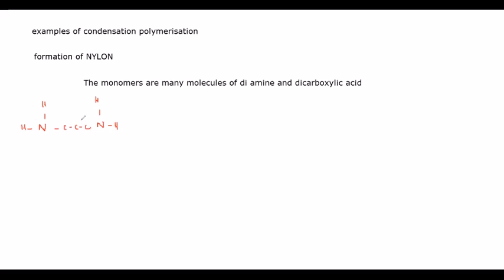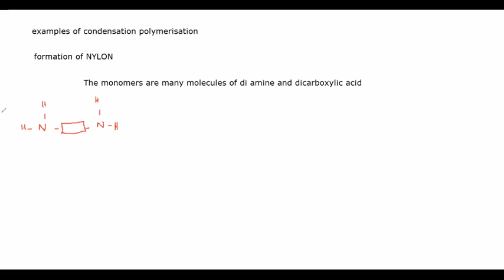Instead of drawing these carbon atoms, what we can do, because it does not make a difference how many carbon atoms are there to how a reaction occurs or how a product is formed, is use a symbolic representation. Maybe 10 carbons are there, maybe 6 or 4 carbon atoms are there. So it will not make a difference. I can just use a box, a rectangle, to show that there is a carbon chain. Is it clear? This is called diamine.